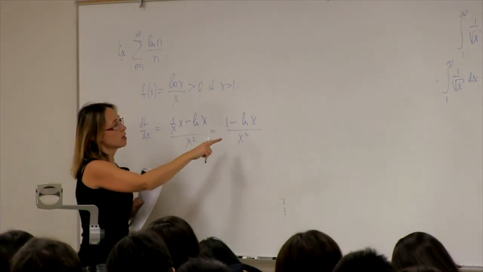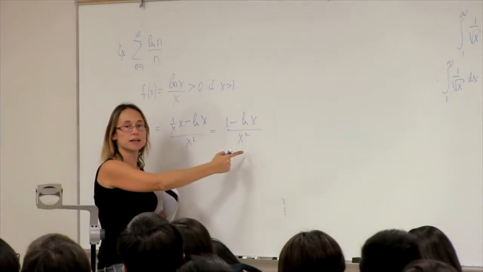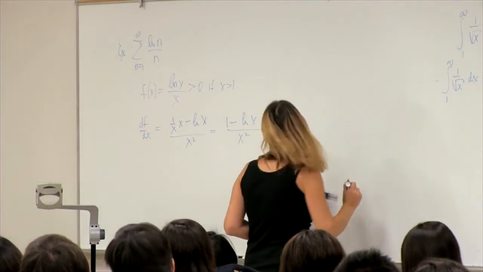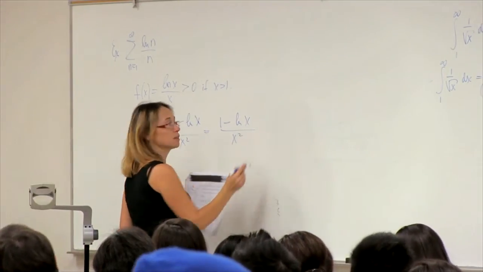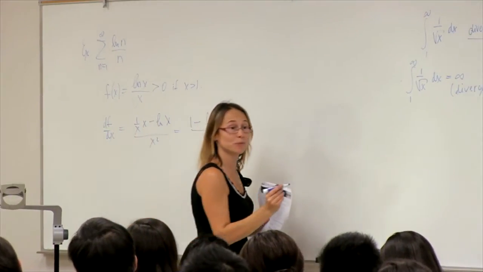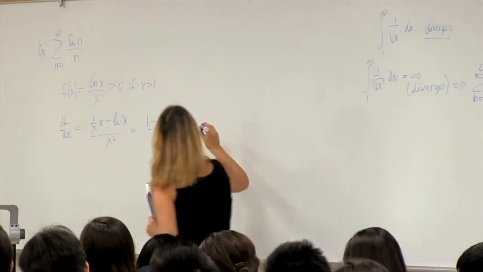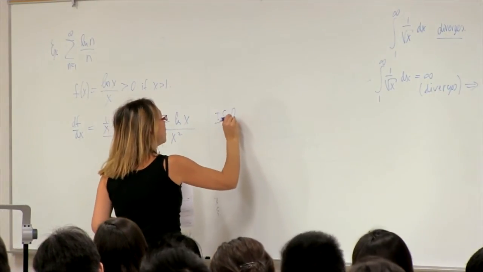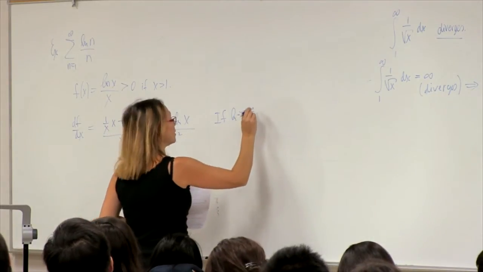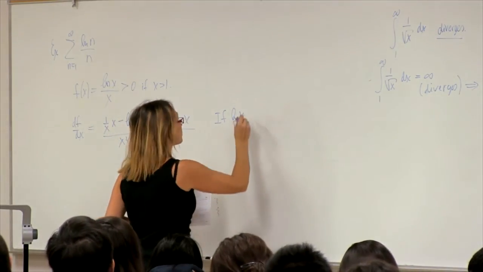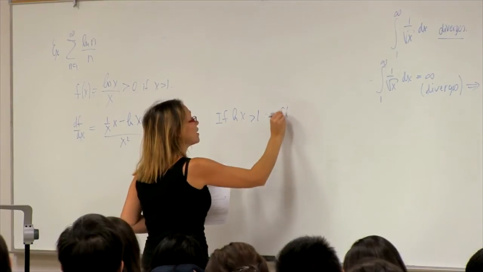So what can we say about this quantity? X squared is positive, but is 1 minus log x greater than 0? So I can say if log x is less than 1, this is greater than 0, and f of x decays.